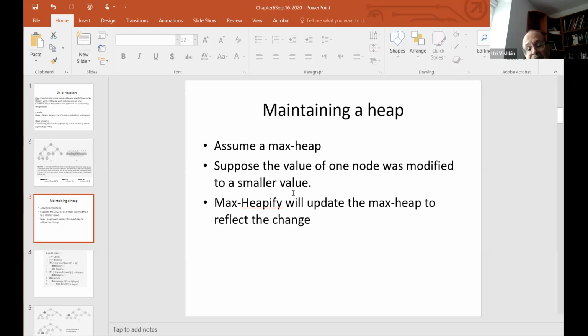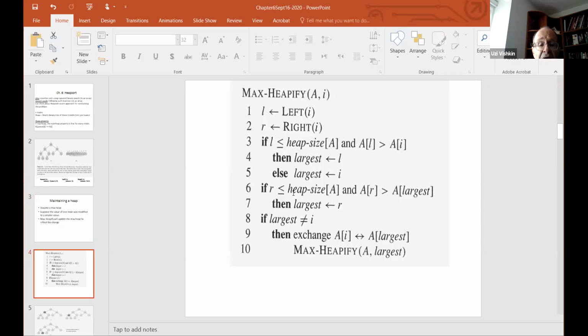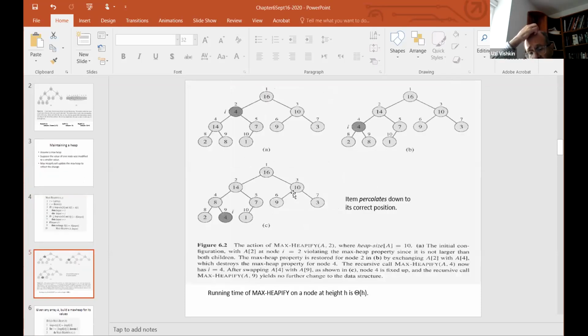So heapify, we use the term heap to make it a verb, and max heapify will be the protocol that does that. And in order to simplify things, rather than going over the code of max heapify, I'm going to jump to an example, and you'll see that it's not really difficult. So here you have an example where before we had, say, the value 15 for node i.